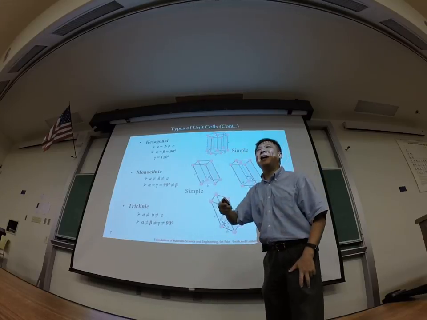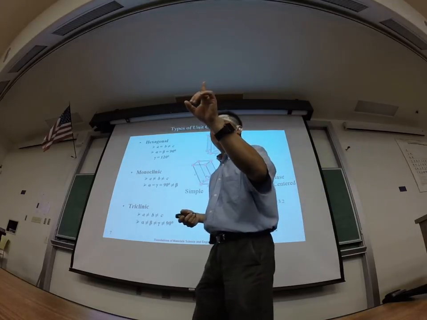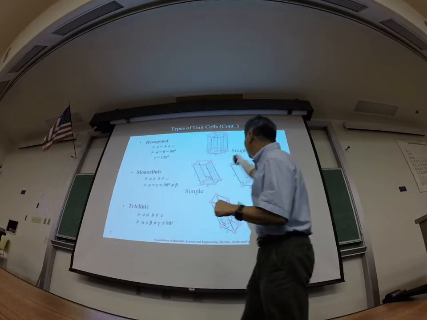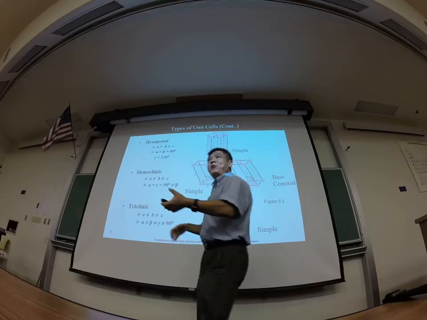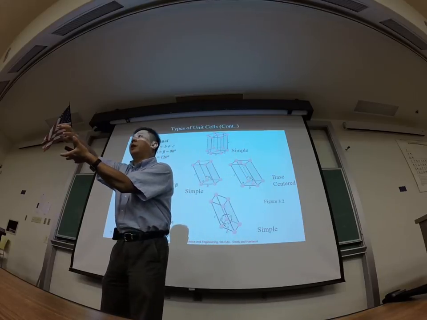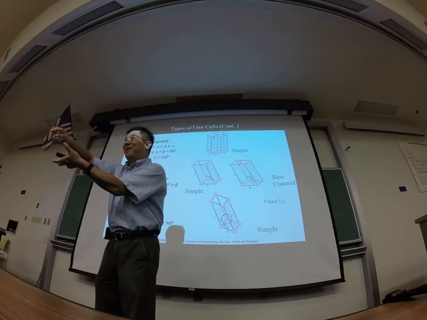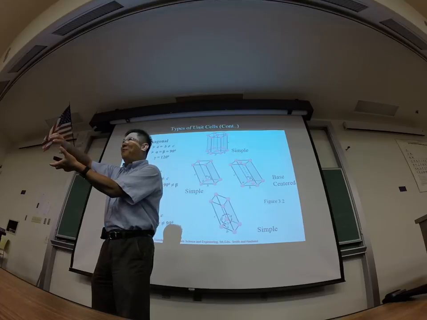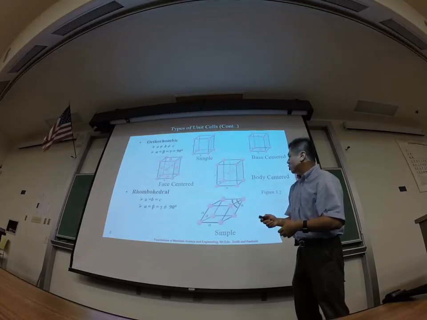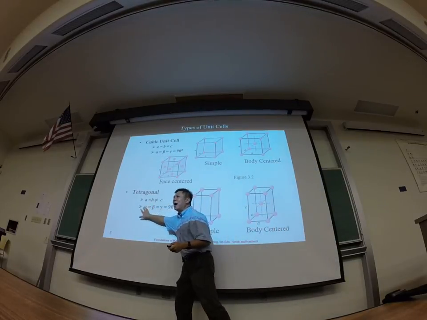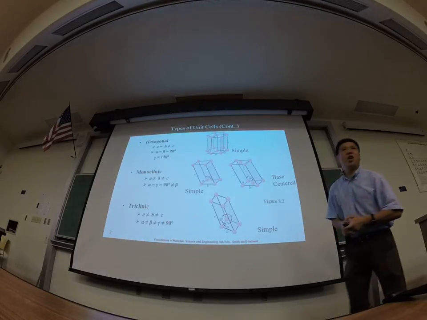Okay, but indeed, the smallest unit is not that. Smallest unit is still this one, right? But if you want to repeat, you need to tilt it. Think about that. Okay, so therefore, it's kind of like a combination of this tetragonal one and the hexagonal one.